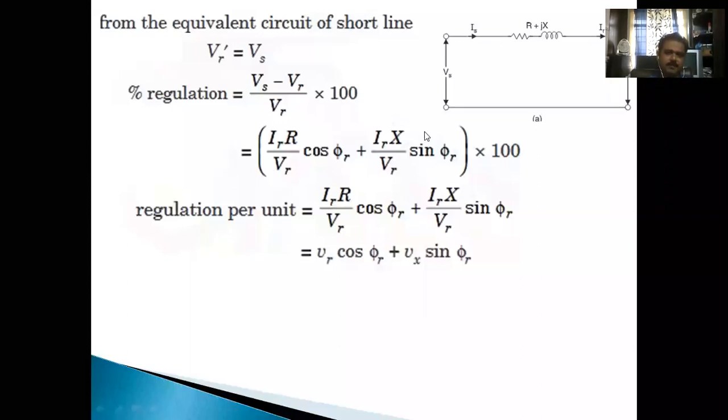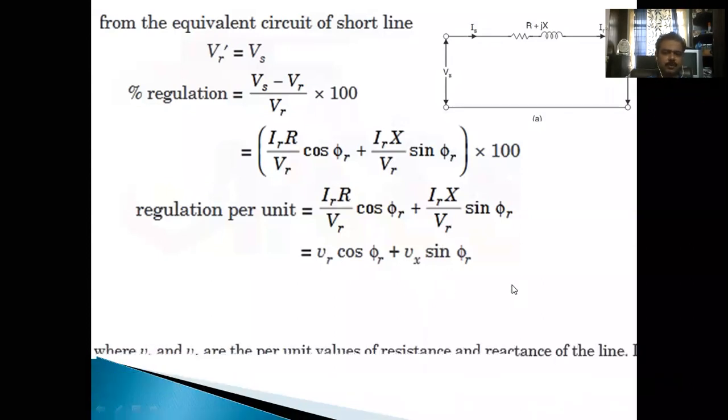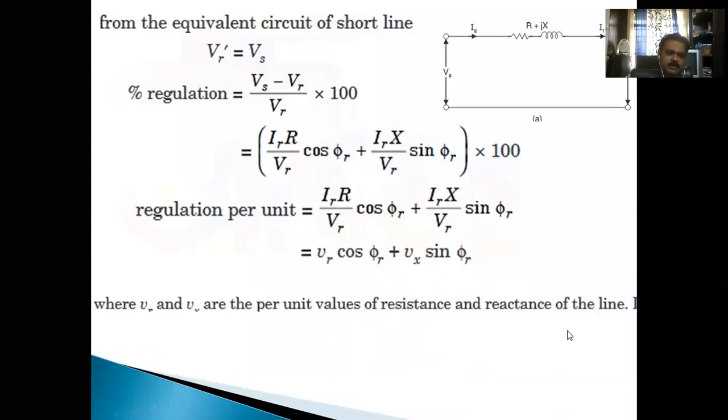In terms of percentage, this is the voltage drop by the reference voltage, so directly we get the per unit voltage. So Vr and Vx are the per unit values of resistance and reactance of the line.